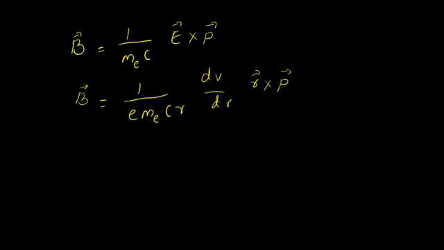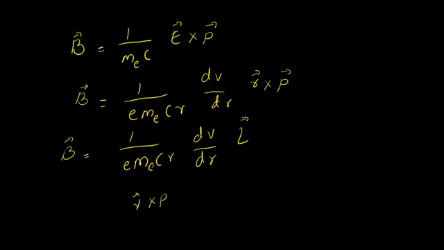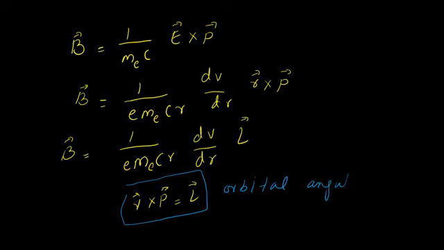By further simplifying, B will be equal to (1/emec)(1/r)(dV/dr) L, since r × p is equal to L, and we know that this is the well-known relation for the orbital angular momentum.